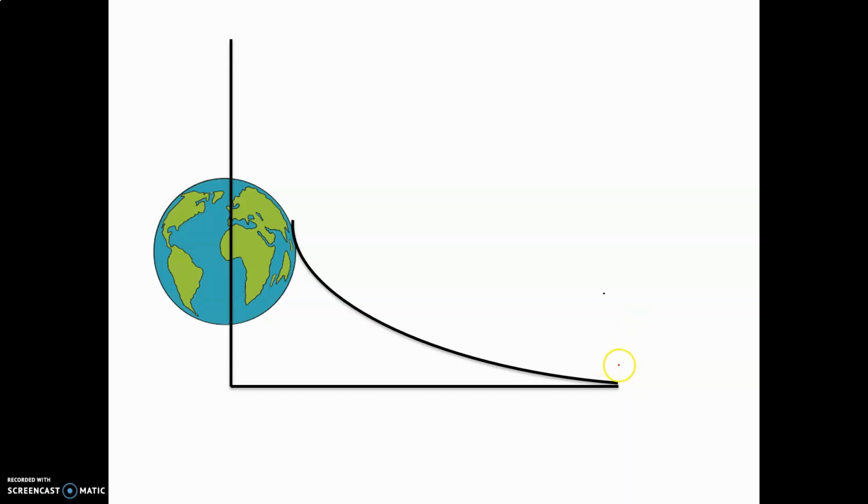Now the point where the gravitational field strength reaches 0 will be at infinity, so you would actually need to move to infinity for the gravitational field strength of the Earth to actually be 0.